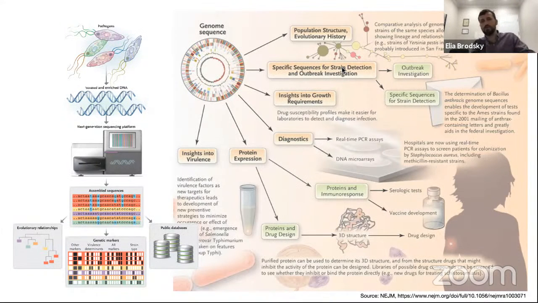And we've seen in the previous pandemics of Ebola and the coronavirus that we are in right now, how this type of data has been coming out almost in real time, allowing the international community of scientists to start asking very specific questions about where is this virus coming from? How is it changing over time?